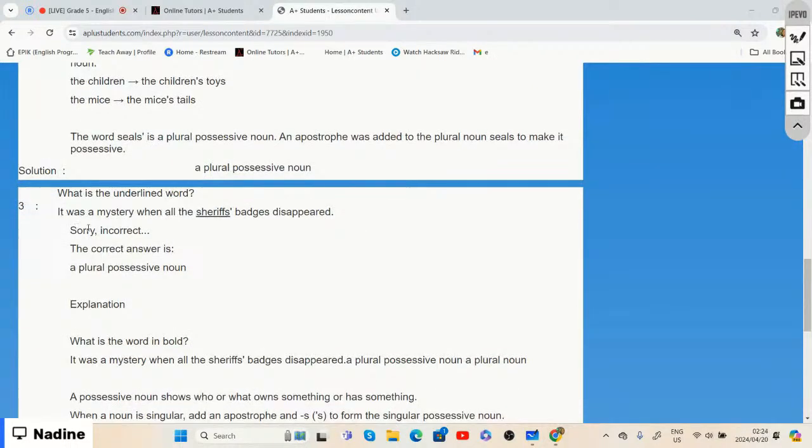What is the underlined word? It was a mystery when all the sheriff's badges disappeared. It's referring to more than one sheriff. Is it a singular possessive noun, a plural possessive noun or a plural noun?